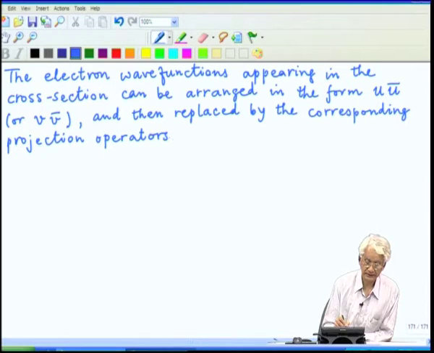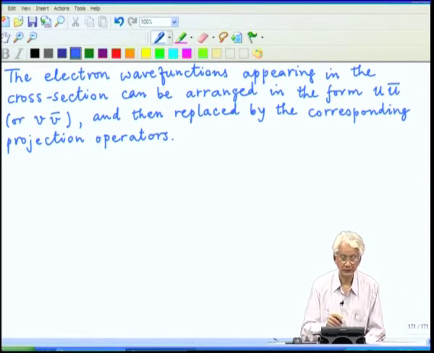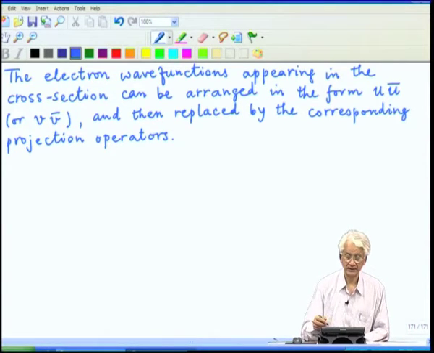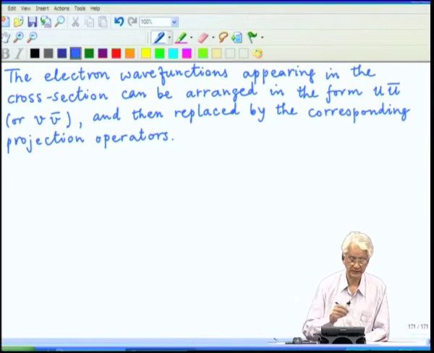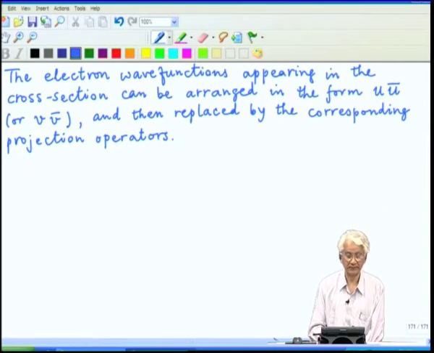And this is a straightforward thing to do, because the arrangement in the other order u bar u is not possible, because there is always a gamma matrix representing the interaction sitting between the two, and one cannot just take out that gamma matrix.